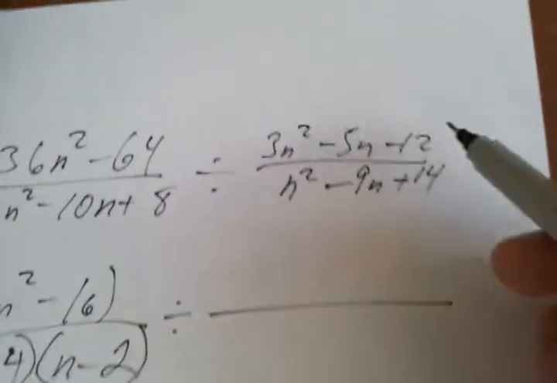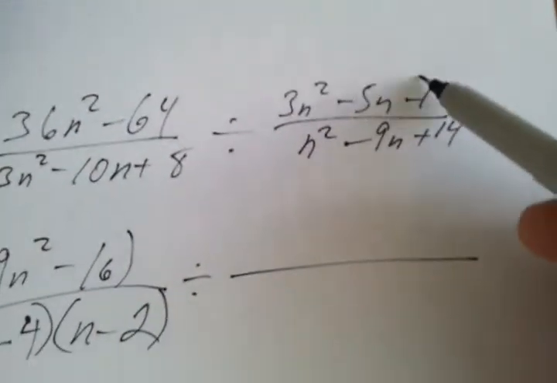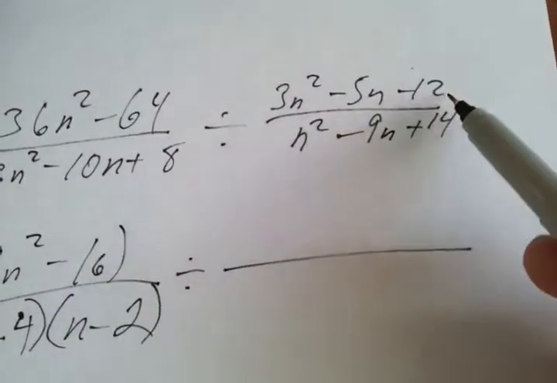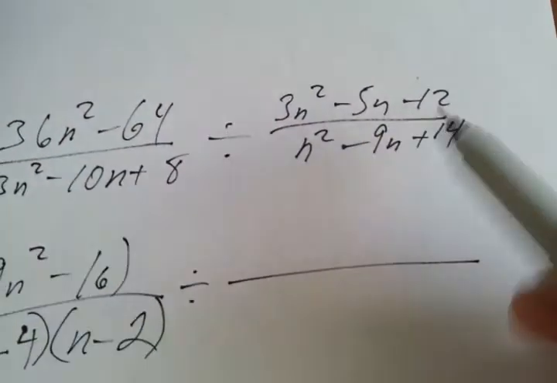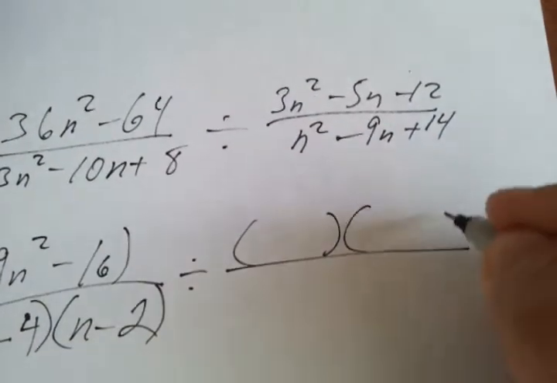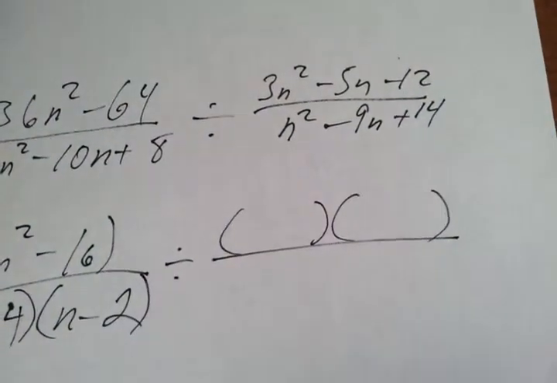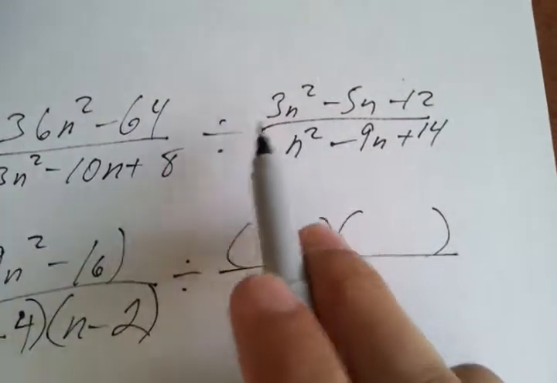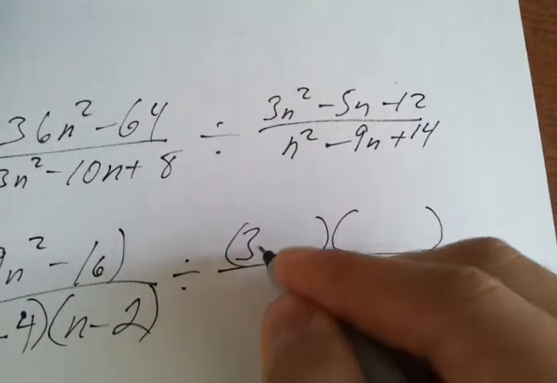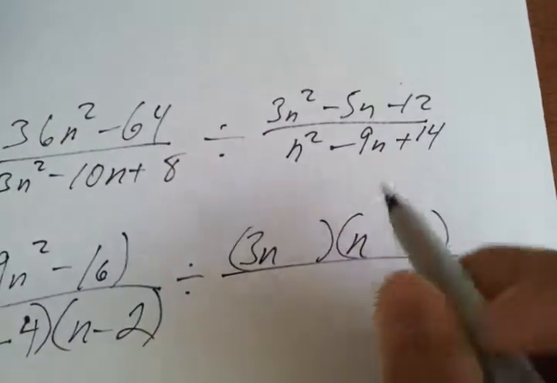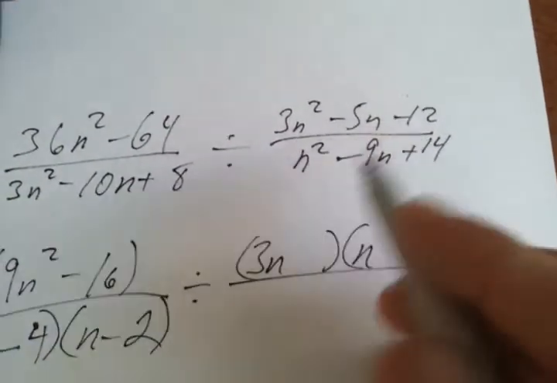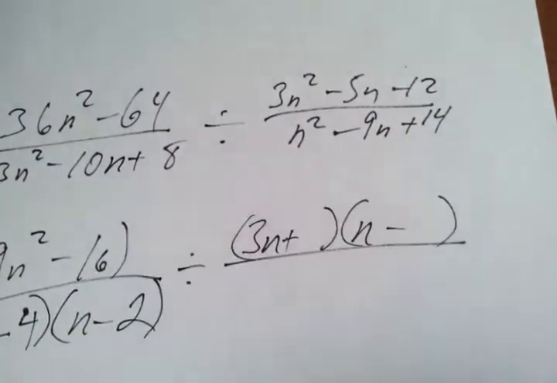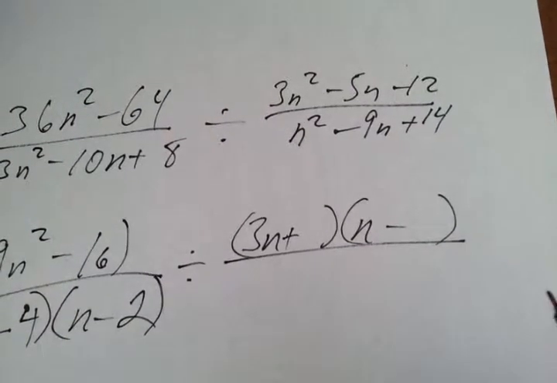And now let's work on the next of these polynomials, which we have right here. Once again, we have a trinomial, so it would factor into two factors. Once again, what times what gives you 3n squared? We'd have 3n and n. Two things multiplied to give you a negative, so we know that we have to have a positive and negative in our factors.